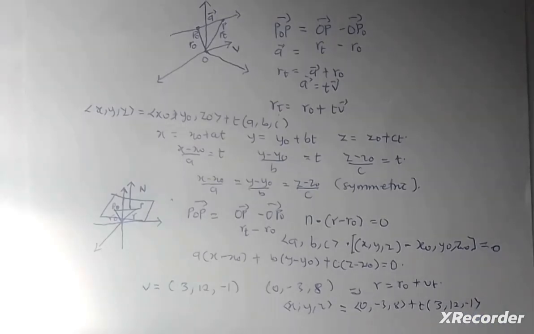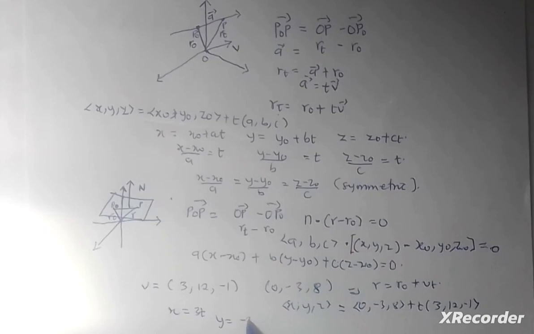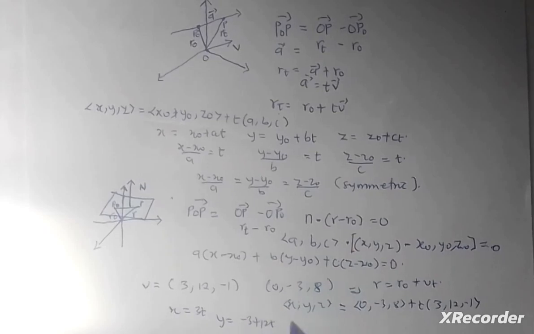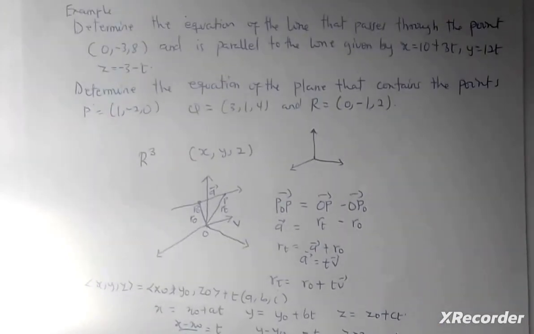Since the question gave its equation in the parametric form, we leave it in the parametric form. So we get x equal to 0 plus 3t, that will give us 3t. Then our y will be equal to negative 3 plus 12t. Then finally our z will be equal to 8 minus t. And that gives us the equation which is parallel to that line.